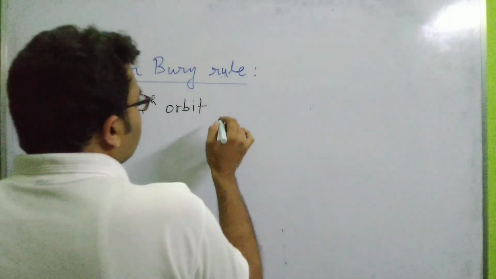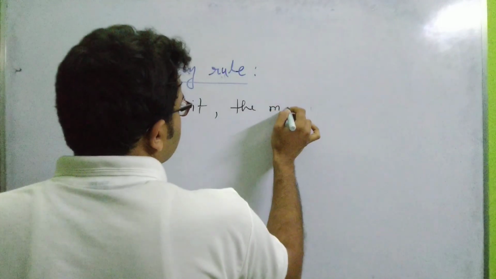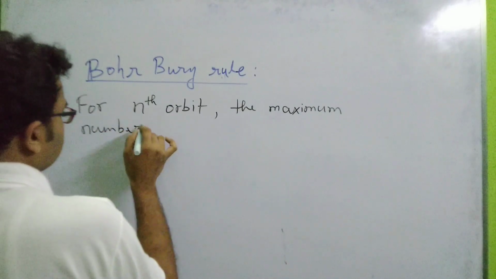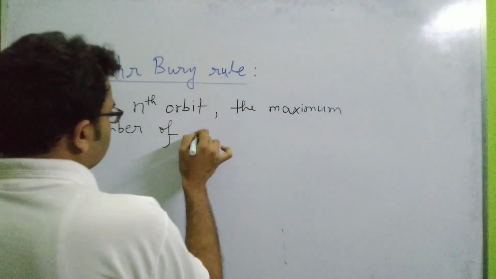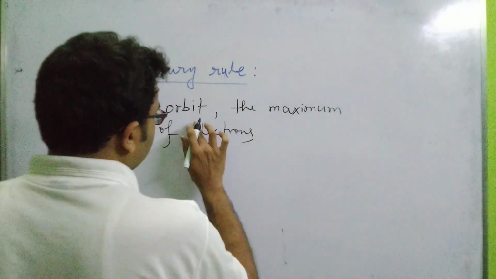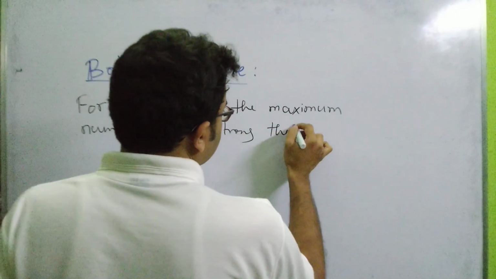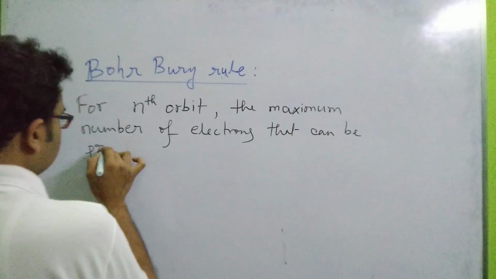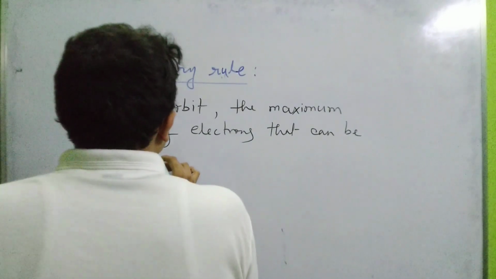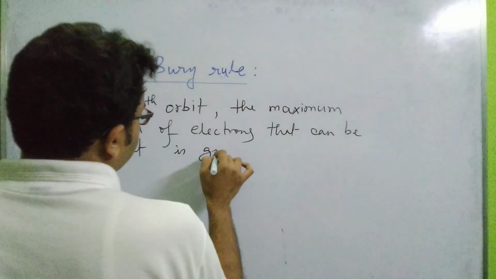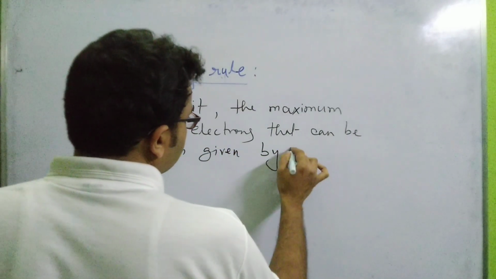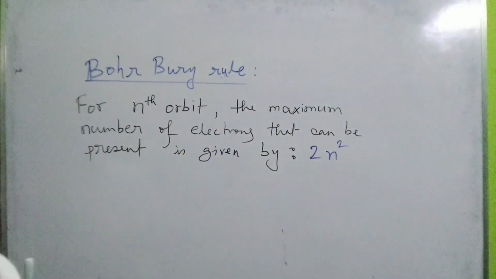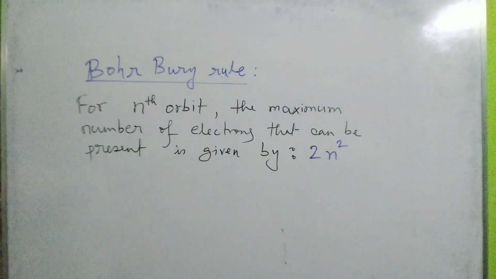For the nth orbit, the maximum number of electrons that can be present in that shell is given by the formula 2n square, where n is the number of the shell that you are considering.